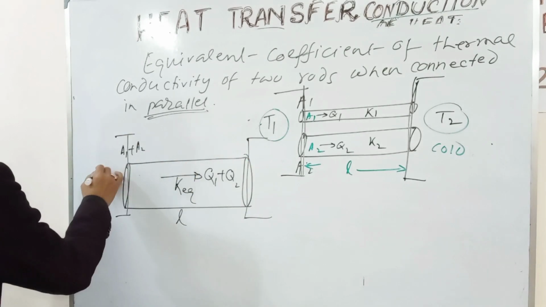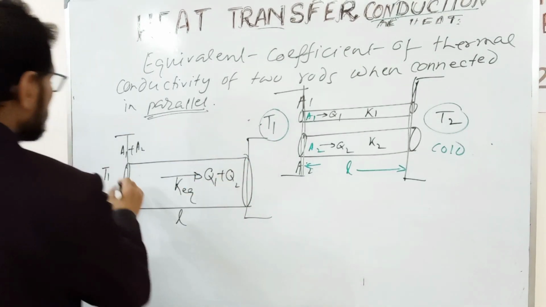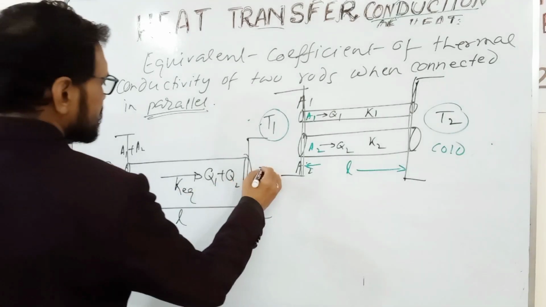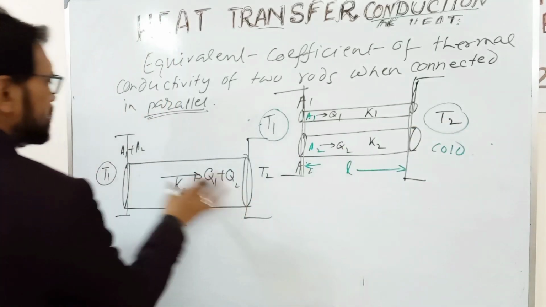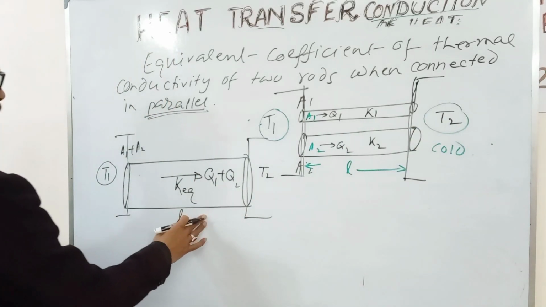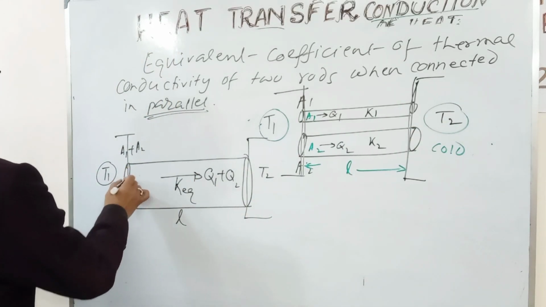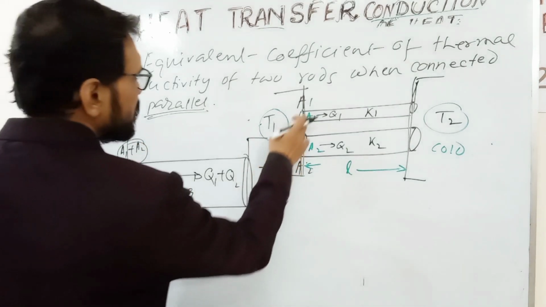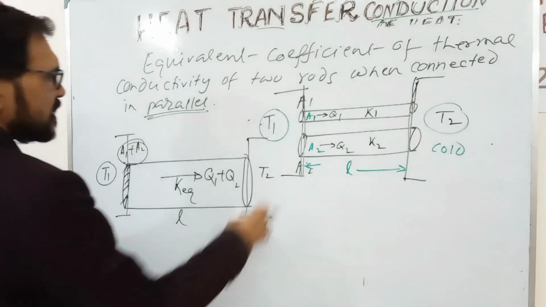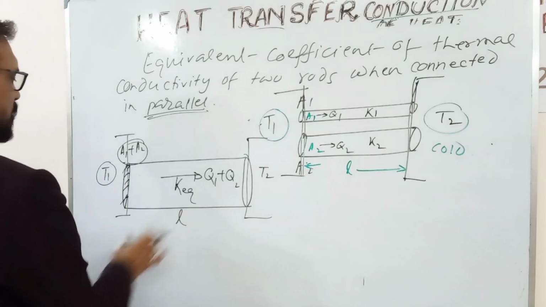This rod is also connected to the hot reservoir whose temperature is T1 and the cold reservoir whose temperature is T2. That is, T1 and T2 are the same and length is the same. The area of cross section of the single rod will be A1 plus A2, that is the sum of the areas of the two rods, length will be the same.